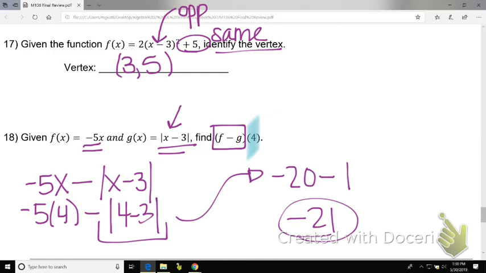There's your answer. I just said that 4 minus 3 is 1, and the absolute value of 1 is also 1, so we did both of those things at the same time. This right here was the absolute value of 1, so I said negative 20 minus the absolute value of 1. And then went over here.